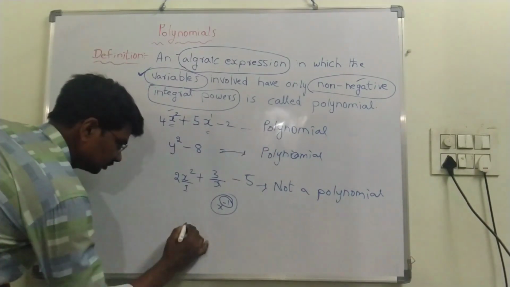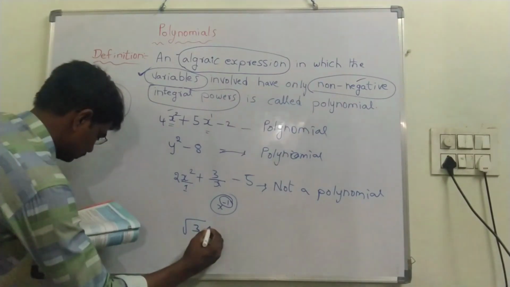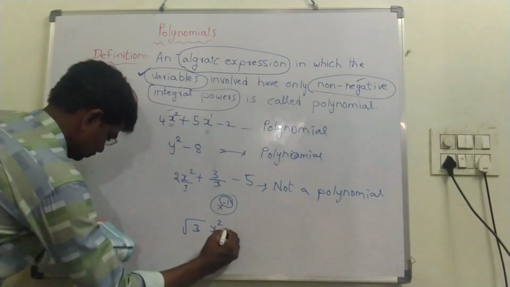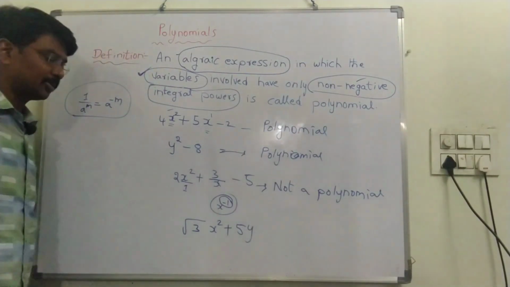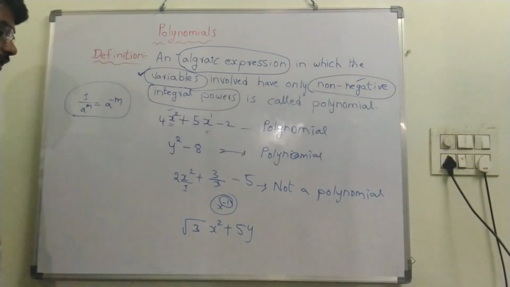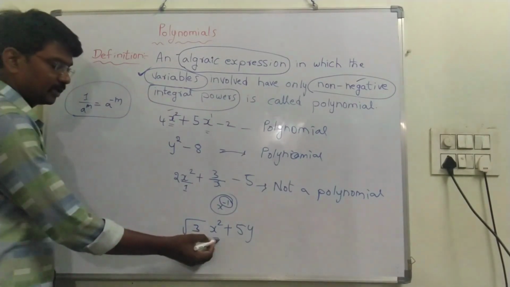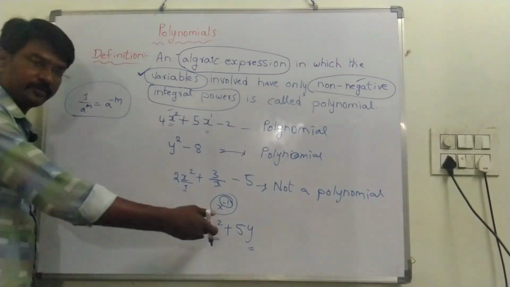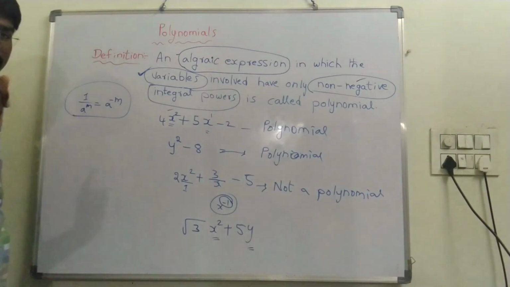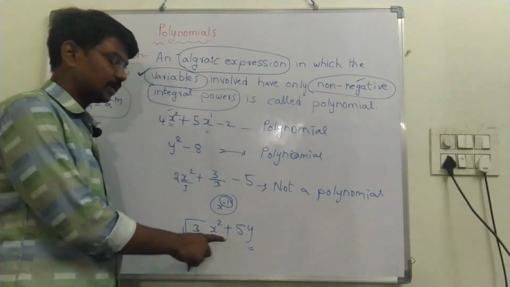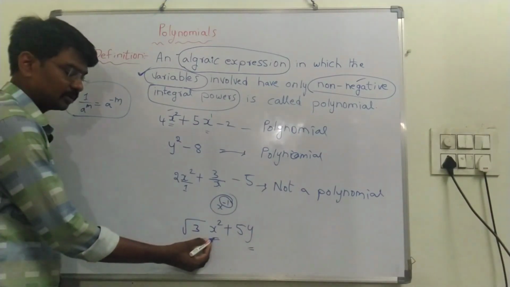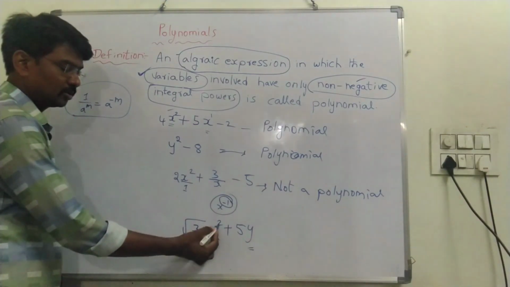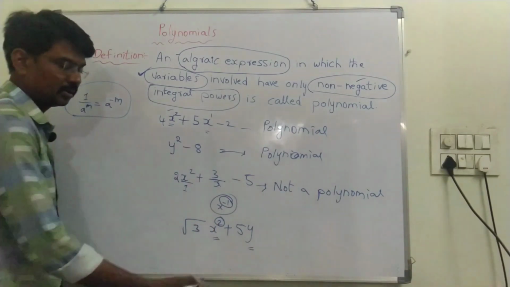Next, let us have one more example. Root 3 x square plus 5y. What about this? Where is the variable? Here one variable, here another variable. How many variables here? Two variables. One variable is called x, another is called y. Okay. So what is the power of variable x? 2, positive number.